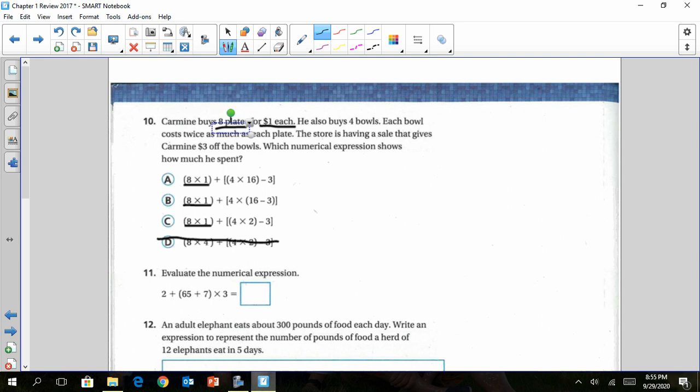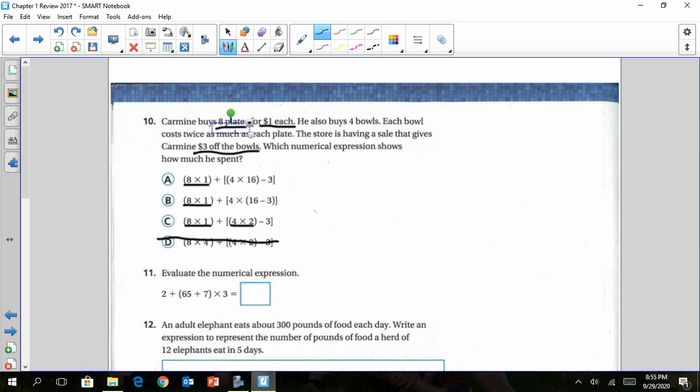He then buys 4 bowls that are each twice as much as the plate. Well, we know that the plates were $1, so the bowl must be $2. So we have 4 times 2, which is this one. The store is having a sale that gives them $3 off the bowl, which means we're going to subtract $3 just from the bowl side.